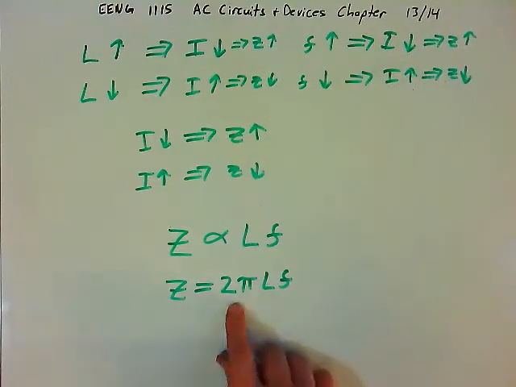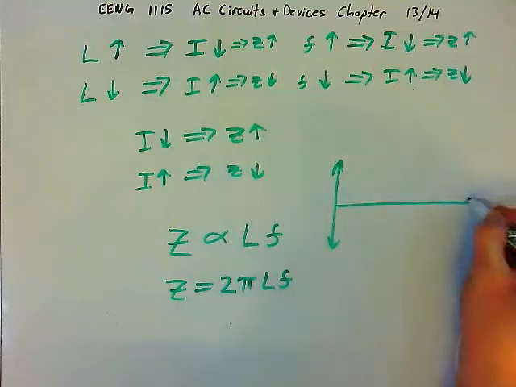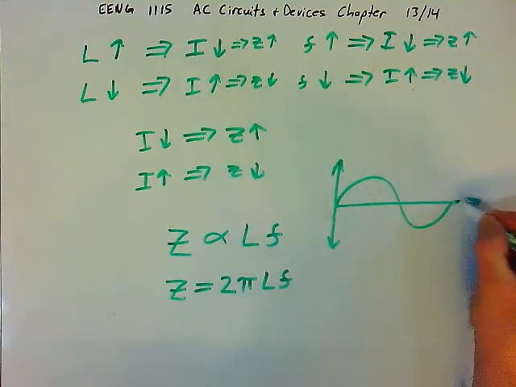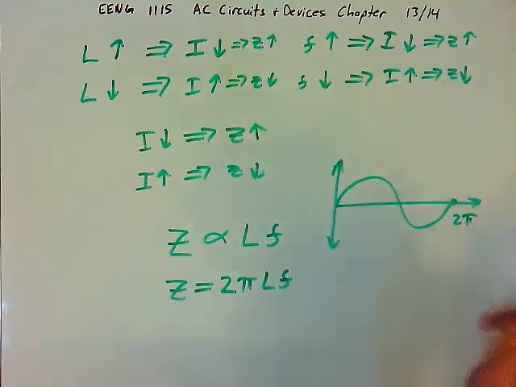So why was the proportionality constant 2 pi? Well, that has to do with the period of a sine wave measured in radians, right? So one complete cycle of a sine wave is 2 pi. That's where it comes from.